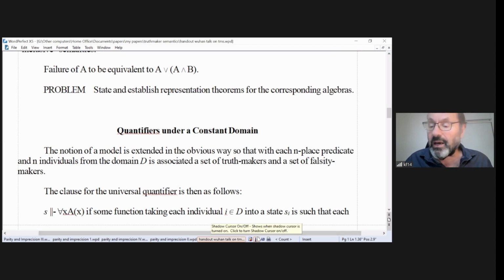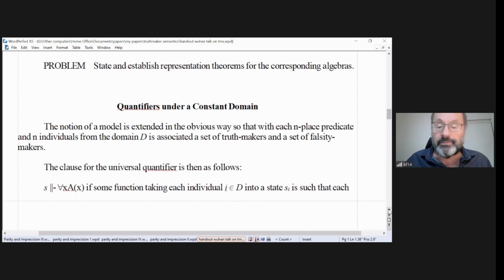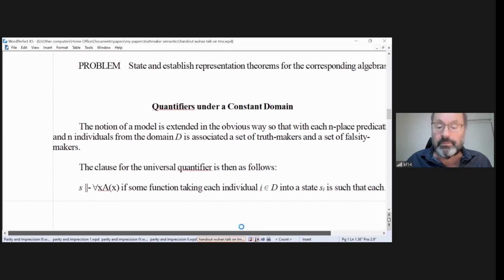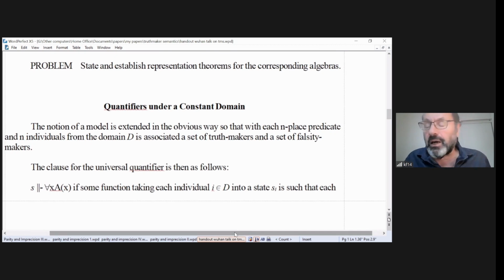And a very natural thought is this. Before I go on to say it, I should say that I haven't really gone into technical details here, but once we go to quantifiers, we have predicates of arbitrary adicity, and we're given a domain. So a model now has a fixed domain of individuals.